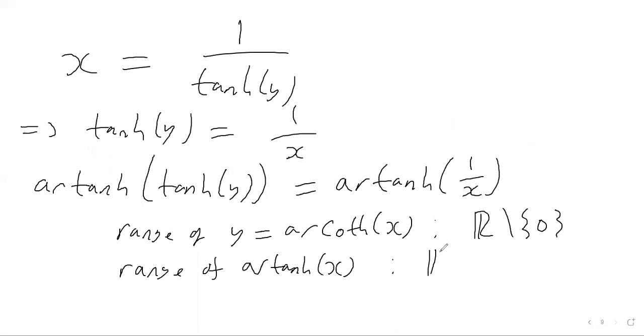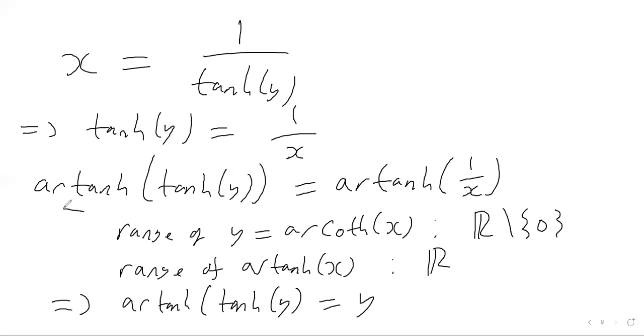So what we can tell is that the range of the arcoth function is contained within the range of the artanh function. So in other words, the domain of the tanh function contains the range of the y function, and so we're okay. So what this means then is that artanh of tanh of y is indeed just y.